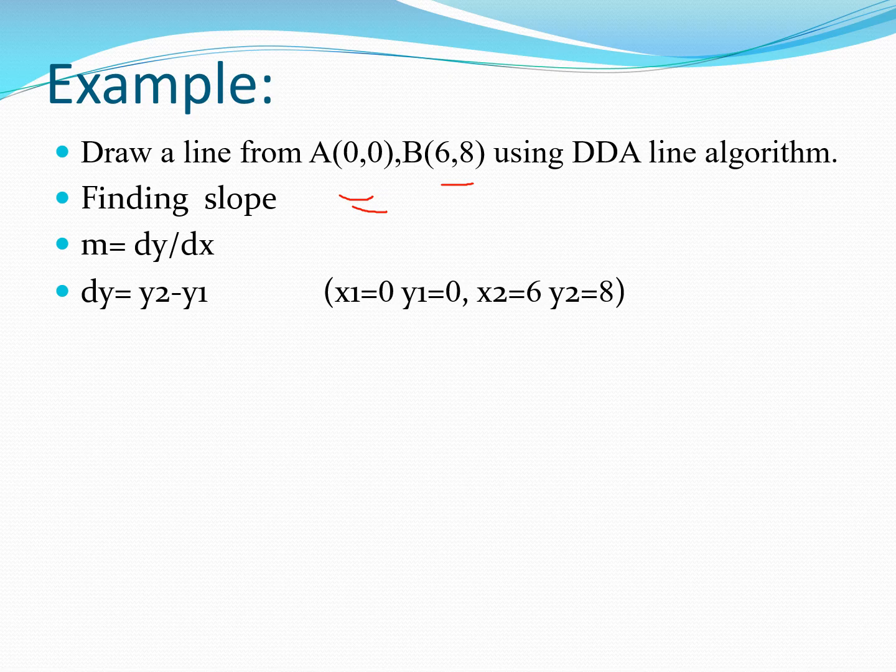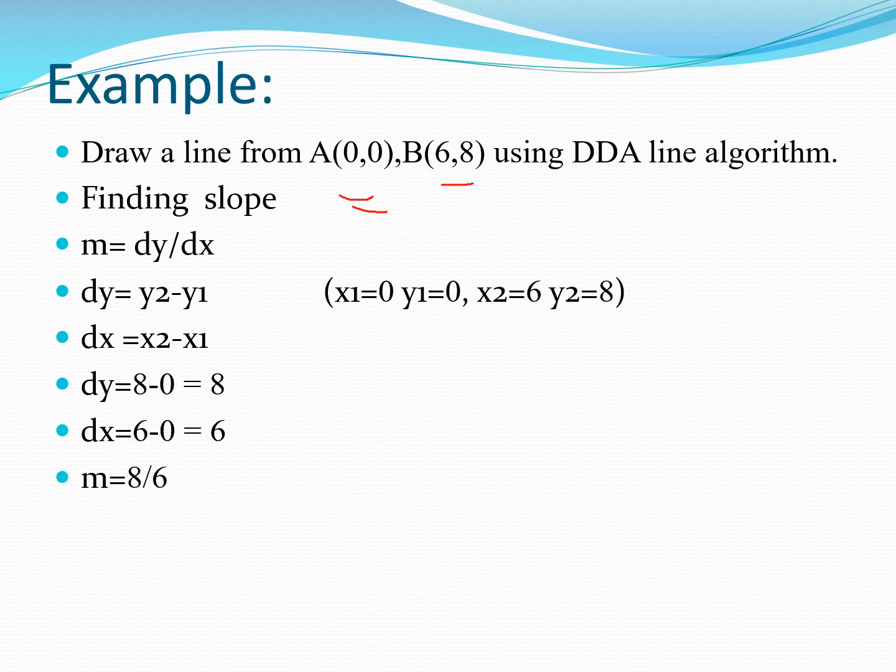Delta y is 8 and delta x is 6. So m equals 8 by 6. What is the answer? It's 1.33. Which condition does it satisfy? It satisfies m greater than 1.